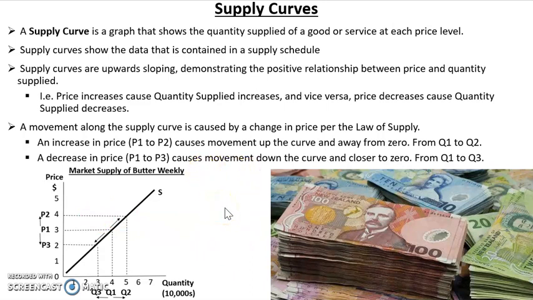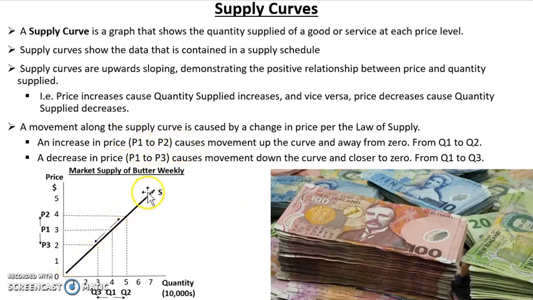Very similar to the demand topic, where the demand schedule is used to create a demand curve, a supply curve is constructed from a supply schedule, which we looked at on slide 2.